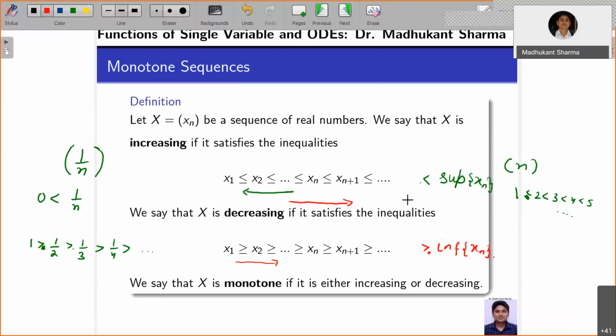So this gives you the intuition that a monotone sequence converges if and only if the sequence is bounded. Once the sequence is bounded above and bounded below, it certainly converges. This is the result which we are going to see now.